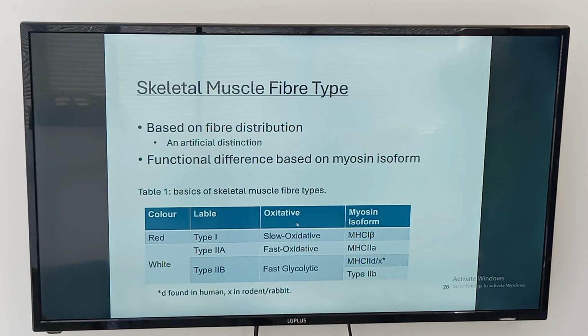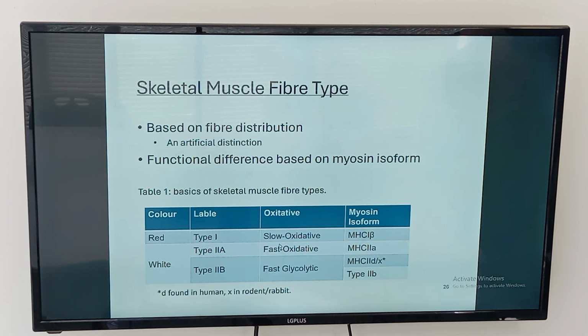The type 2 fibers are usually white in color in the muscle. They have two types. Type 2A, which is fast oxidative, is called the myosin heavy chain 2A. The type 2A is fast oxidative for moderate distance, for moderate fatigue. This means that type 2, which is white colored, becomes fatigued faster than type 1.